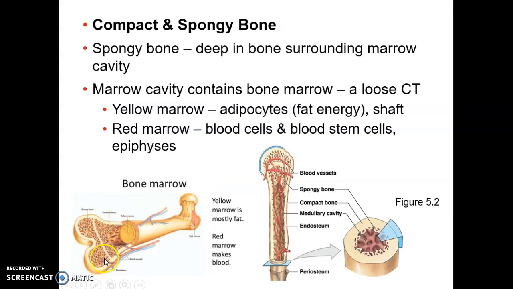So that's an epiphysis, that's another epiphysis, plural is epiphyses, and within the gaps and spaces of the trabeculae of spongy bone are the stem cells for blood cell formation. And that's why this part of bone, spongy bone, is referred to as red bone marrow.